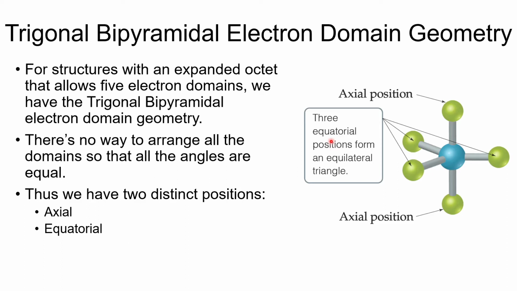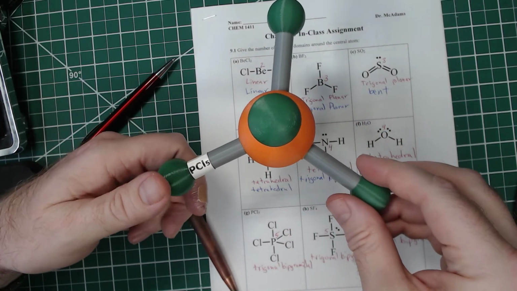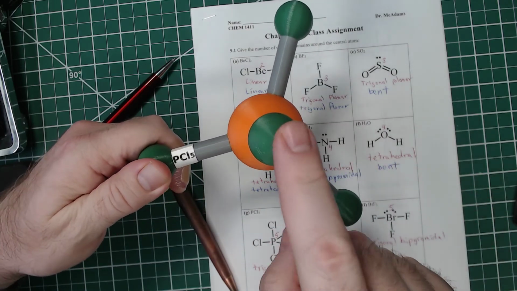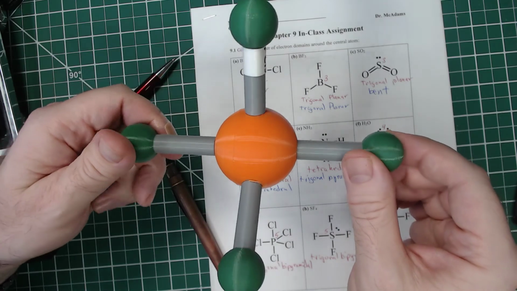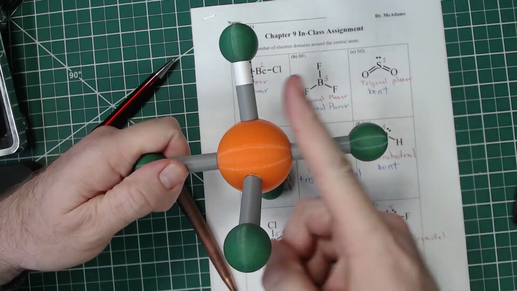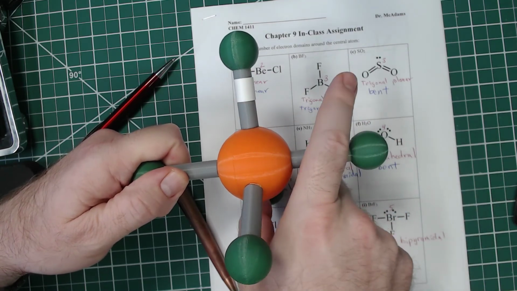All right. And again, I'm going to show the model of phosphorus pentachloride here. You'll see as you look down this that these two are 180 degrees apart from each other. If you look here, the angle between this bond and this bond comes out to 90 degrees.